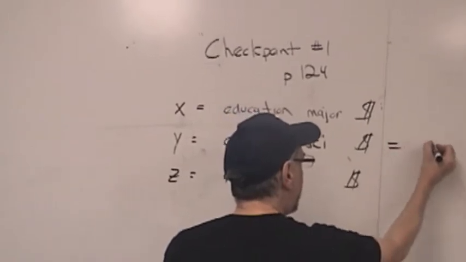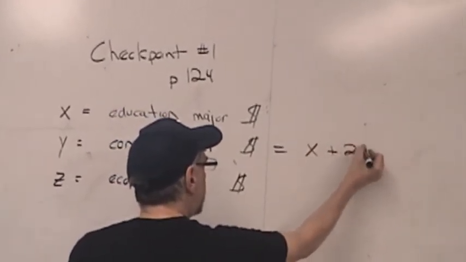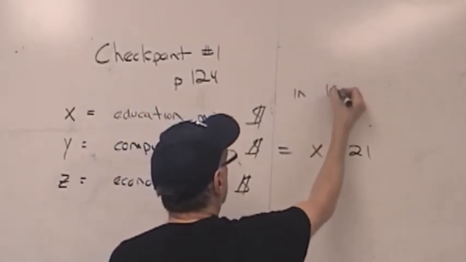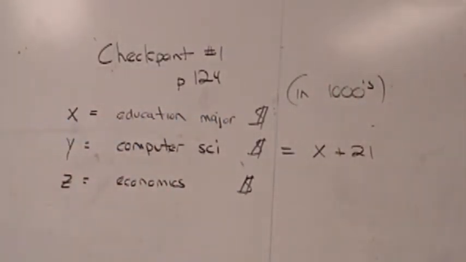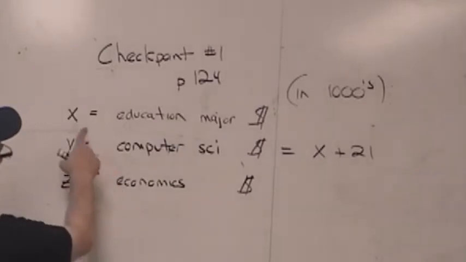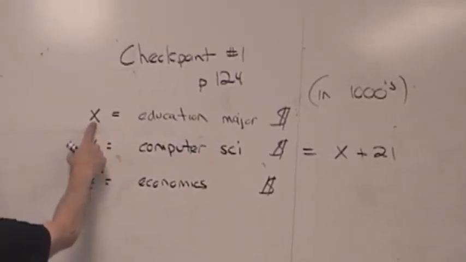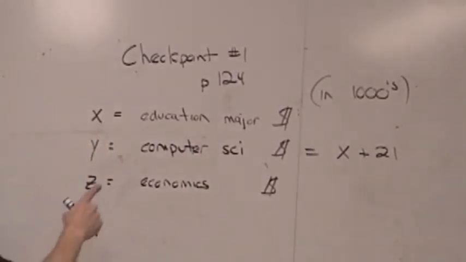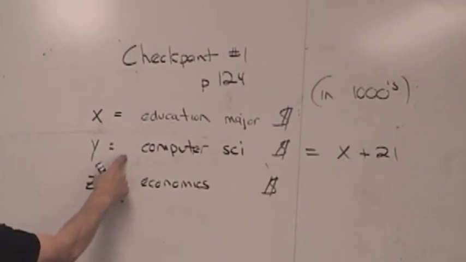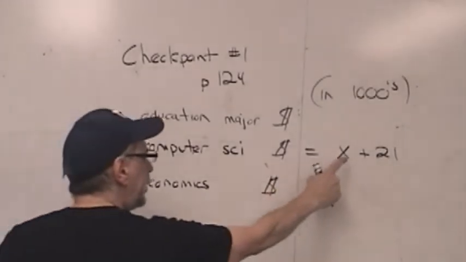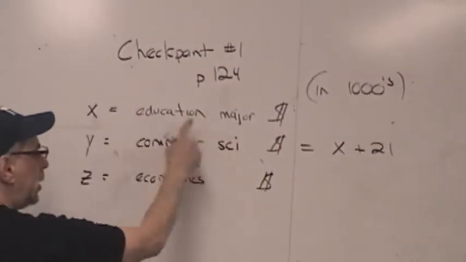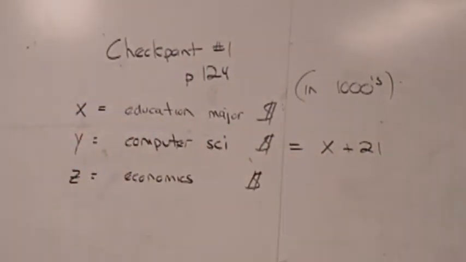So I can express this as X plus 21, and we'll put everything in thousands and then convert it at the end just so I don't have to keep writing those 3 zeros. So now I can express this variable in terms of the x, which is what we're trying to do, get everything in terms of one variable.